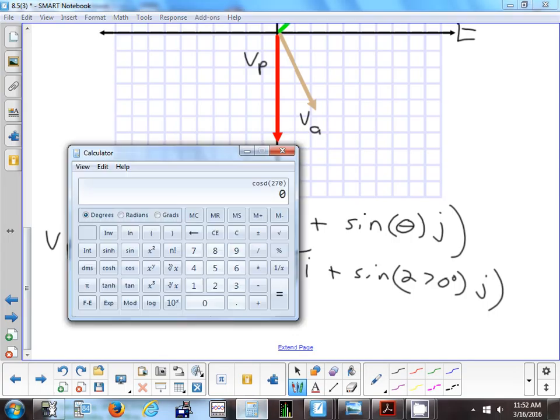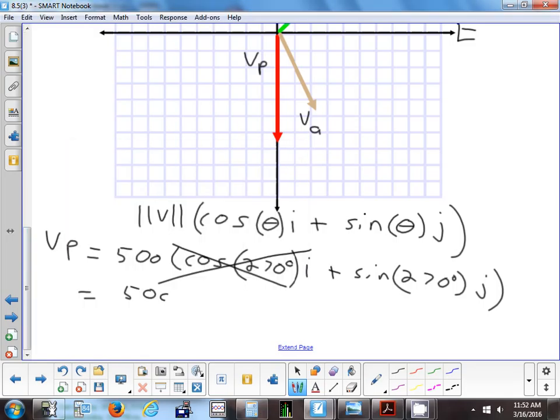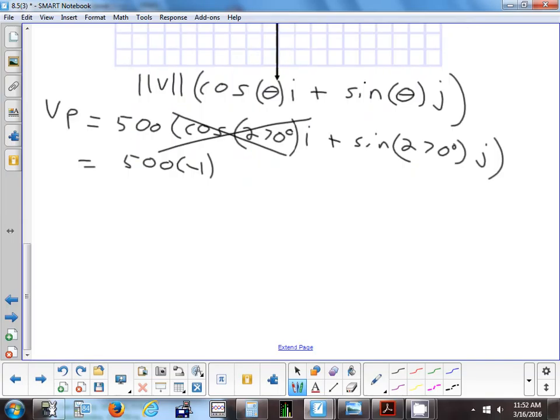How about sine 270? Not 1. It's -1, and it should be, because now you have 500 times -1 j, so it's -500j.